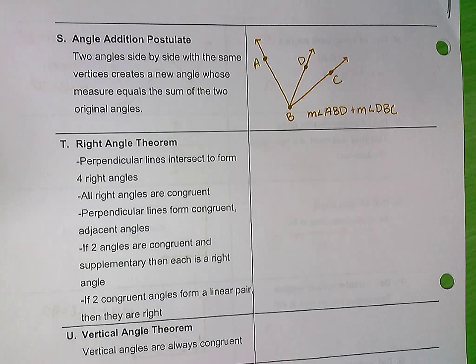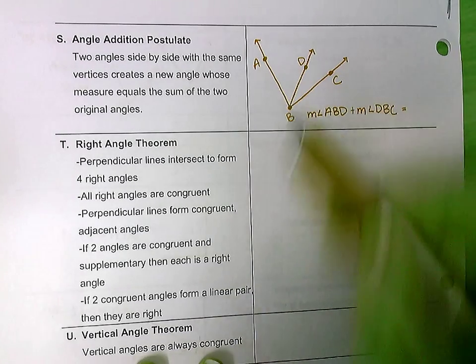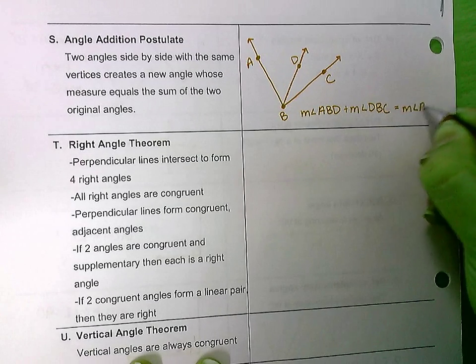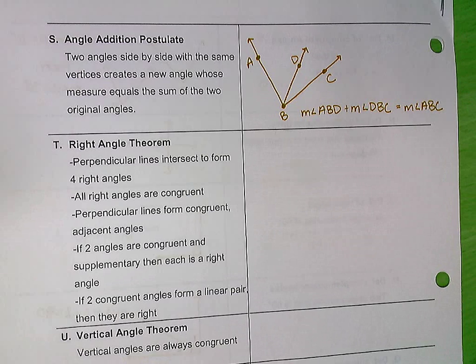Those two smaller ones that I created, we can add together, and that should equal the larger angle that I drew in first, the measure of angle ABC. So two smaller angles that make up that larger one, I can add them together to get that larger angle.